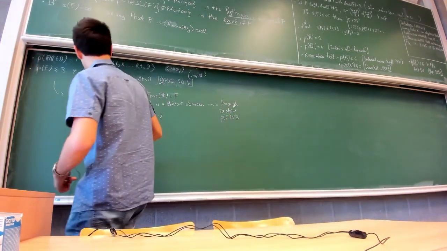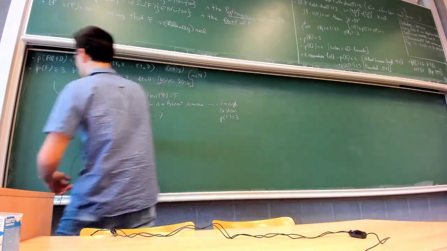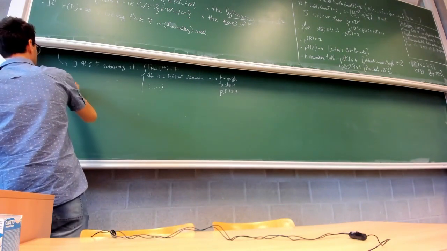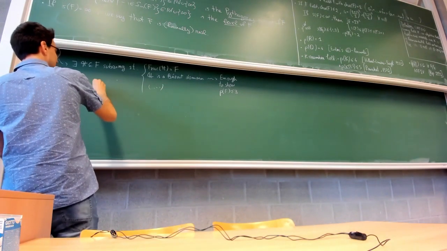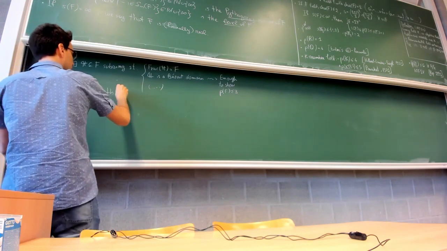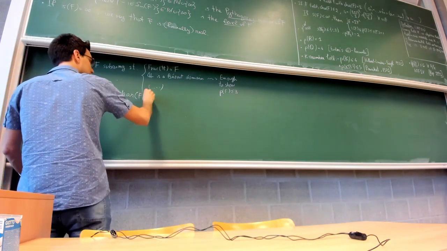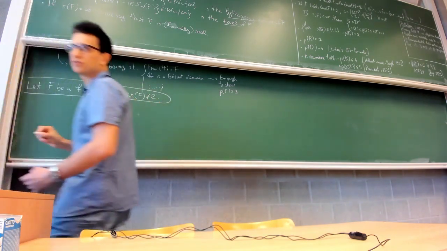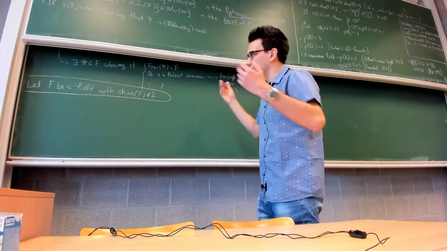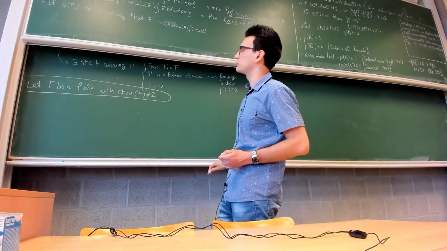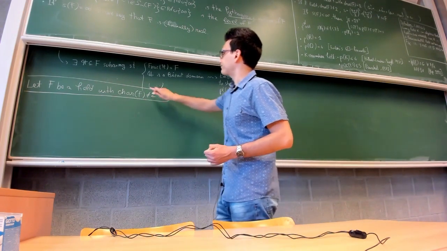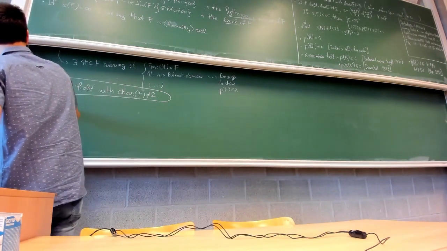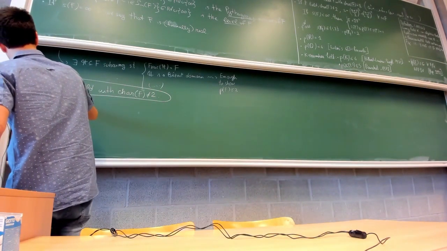So I will fix a field F, let's say with characteristic different from 2, even though it's not really crucial on most things I'm doing, but in any case I'm not interested in fields of characteristic 2. Good, so I need to give you a couple of definitions and notations.